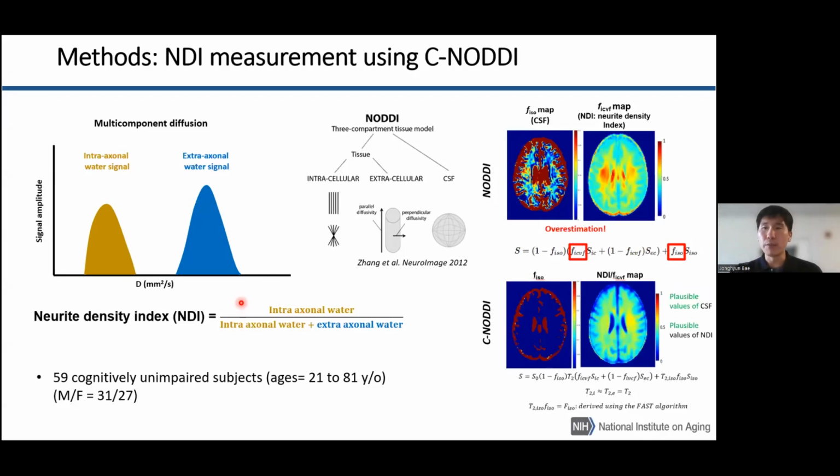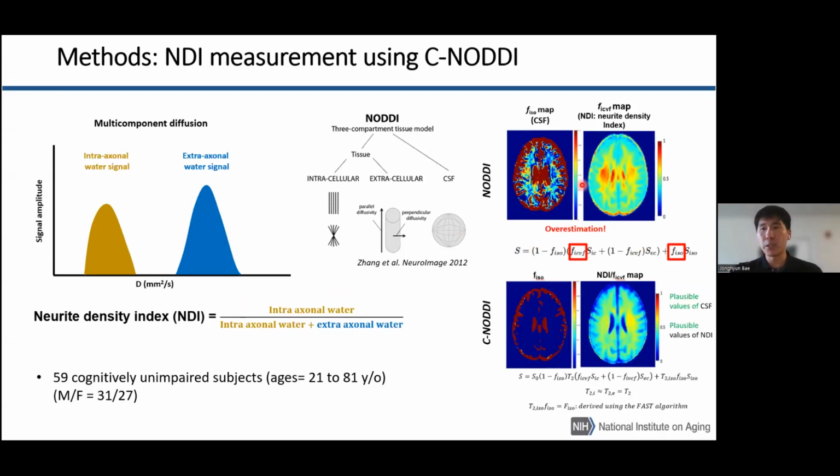However, with NODI, we found that inaccurate estimation of CSF water contribution causes the overestimation in NDI. As shown here on the NDI map, the high level of NDI is estimated in the ventricle, which is not physiologically reasonable.